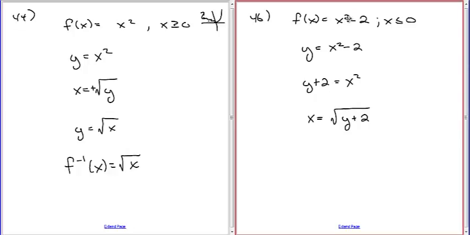Well, one thing you can see is that if x is greater than the square root of 2, well, it shouldn't.